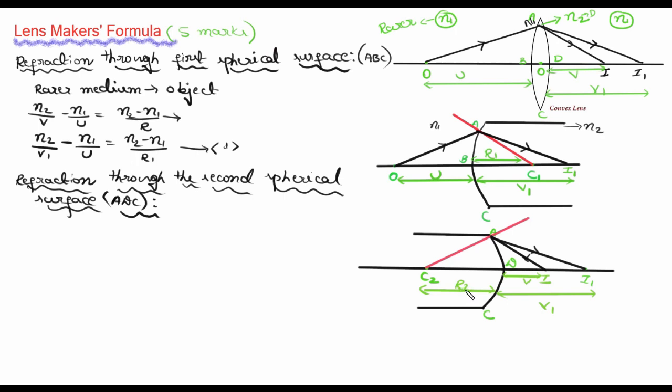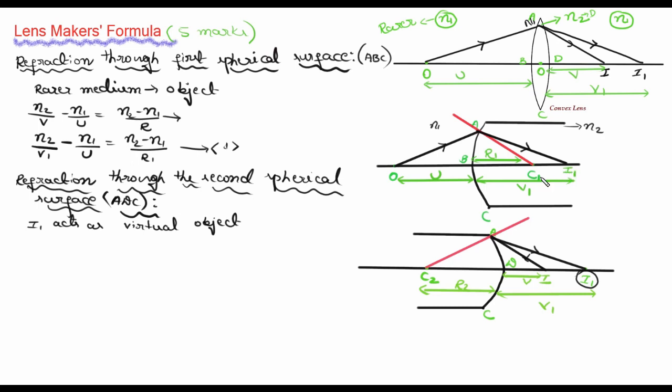Fine. Here, one very important thing you need to understand and mention in the derivation is that I1 will be acting as a virtual object. For the refraction through the second spherical surface, I1 acts as a virtual object, which means this is not the real object. Actually, O is the real object which formed image I1.